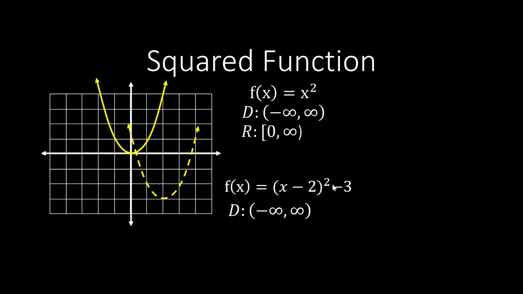But notice I'm moving it down 3 places, which means these are now the y values that are included in this graph. So the range would be -3 to infinity, and we get to count the -3. So you'll learn this is a transformation of this parent function, and a vertical shift changes the range. But we wouldn't be able to do that without this knowledge.